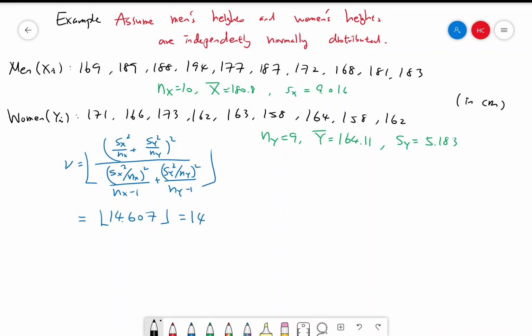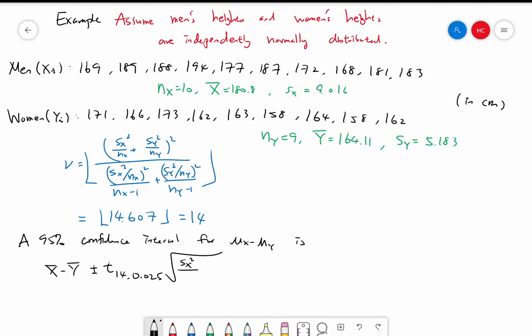So a 95% confidence interval for the difference of population means is x bar minus y bar plus or minus t, degree of freedom is 14, 95%, so it's 0.025, times the square root of the variance.